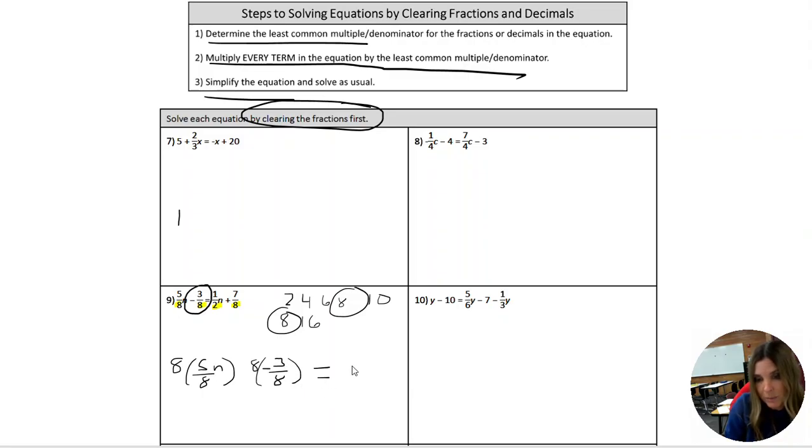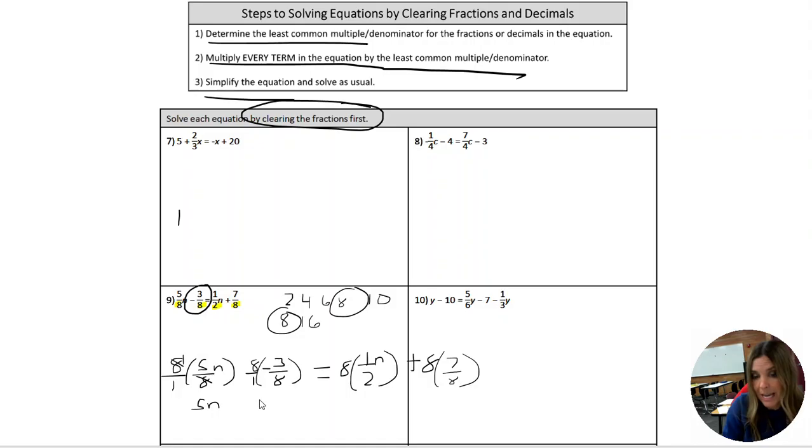And then I'm going to multiply the 8 with the 1/2 n, and I'm going to multiply the 8 with 7/8. Okay, so when I take 8/1 and I multiply by 5/8, this is going to be 40/8, which is 5, or you could say 8 goes into 8 once. 1 times 5n is 5n, fraction gone.